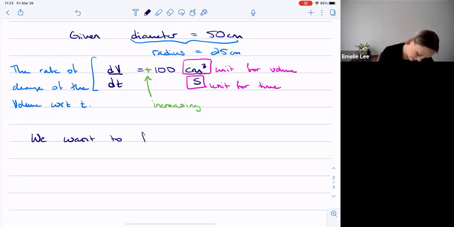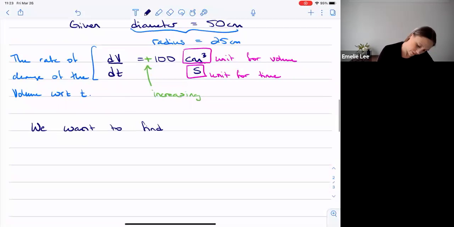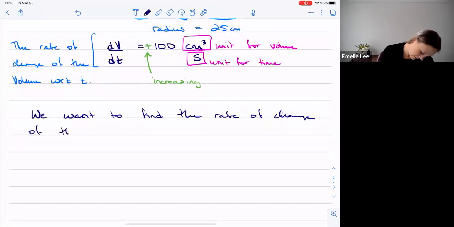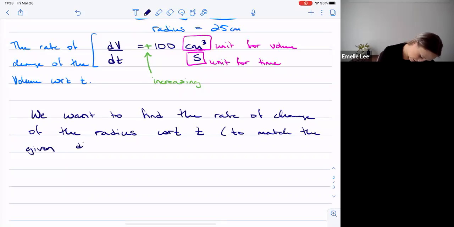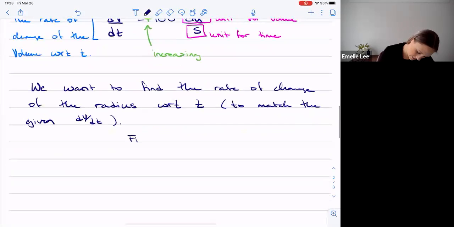We want to find the rate of change of the radius with respect to time, to match the given dV dt. So we want to find dr dt.